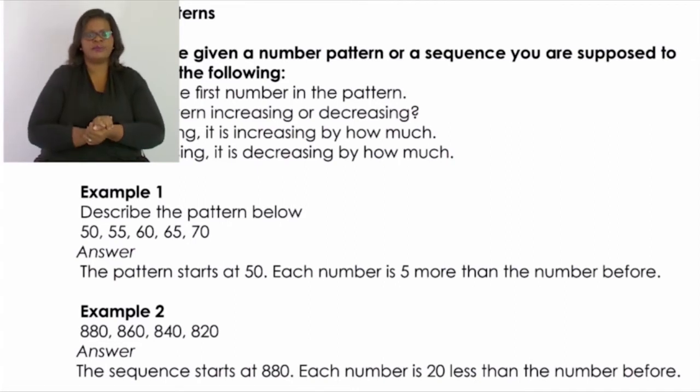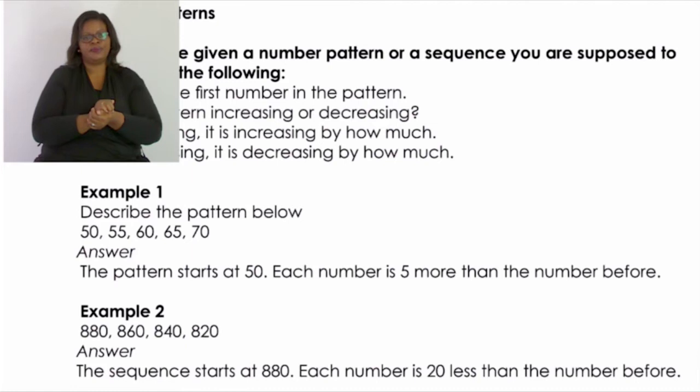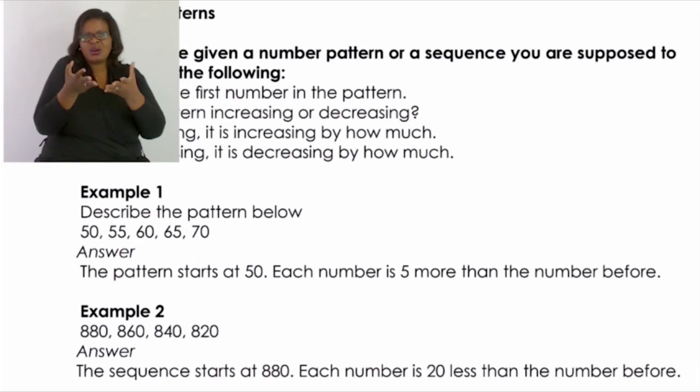The first thing is to identify the first term. So our pattern is starting at 50. Then, if you are starting at 50 and going to 55, it means we are going up. So we are supposed to see we are going up by how many? So we are going to say 55 minus 50, we get 5.